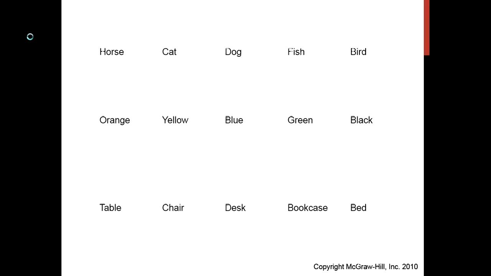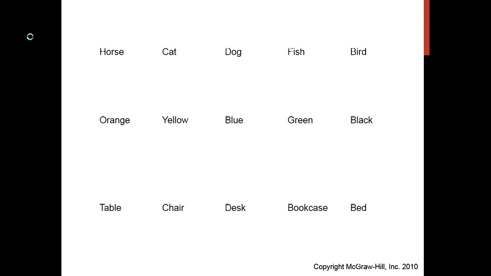Again, write down as many of those words as you remember. Here is our last set of words, and you'll notice perhaps that you were able to remember more of these words than the first list.